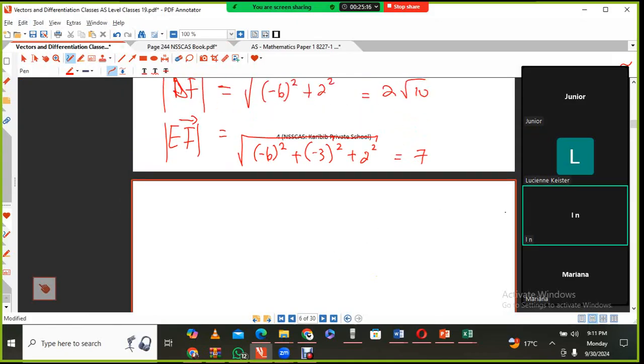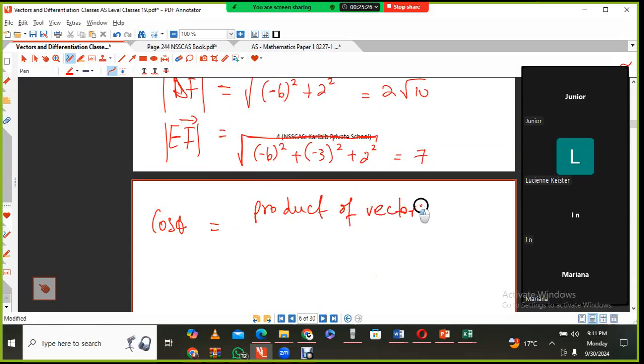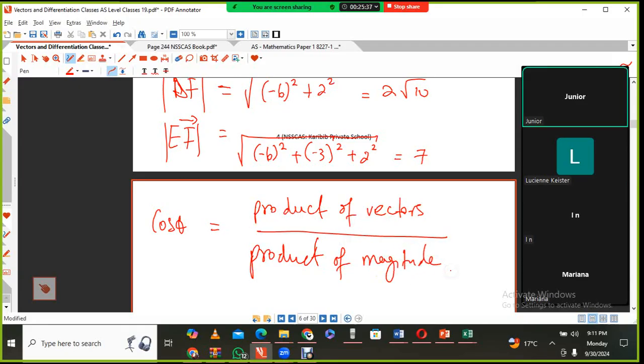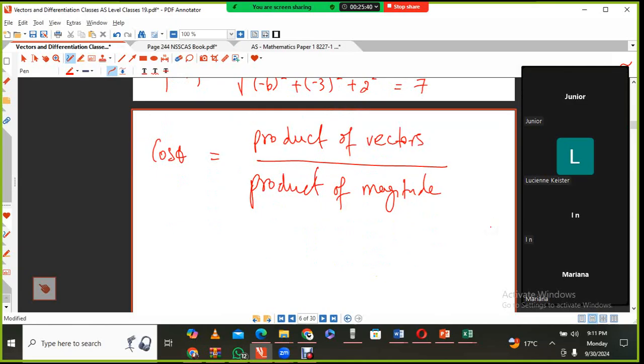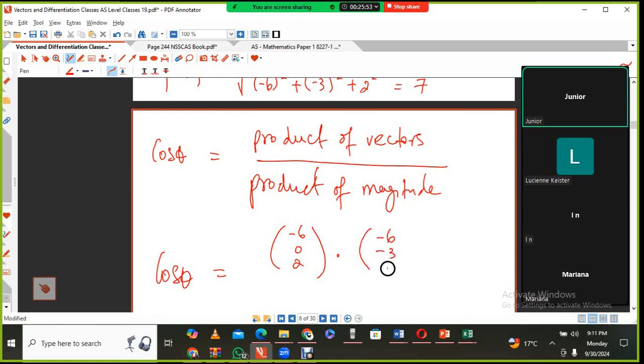Now we can actually calculate. So cos theta is equal to the product of the vectors divided by the product of the magnitudes. Our vector was minus 6, 0, and 2, dotted with negative 6, negative 3, 2.